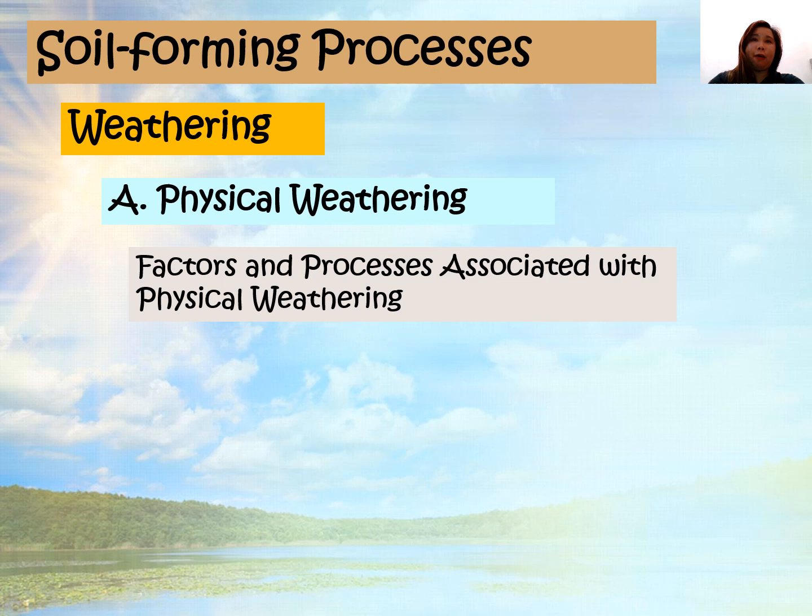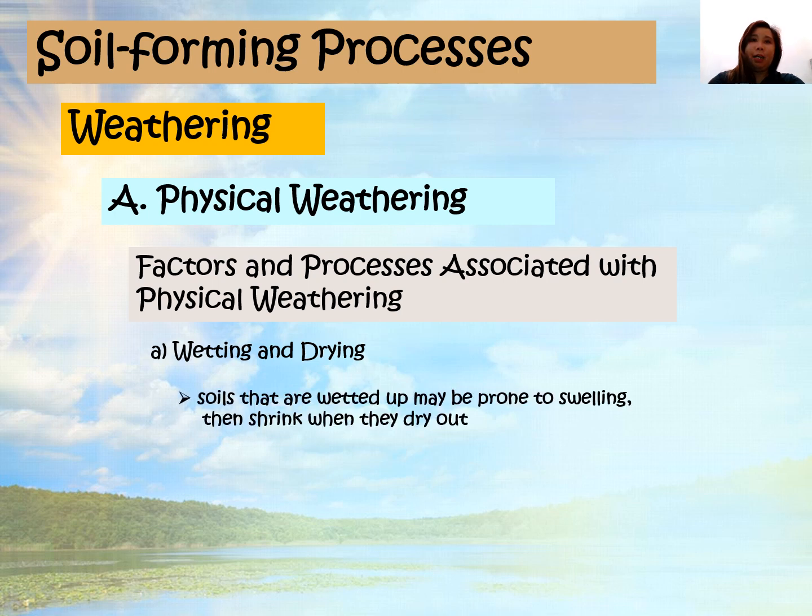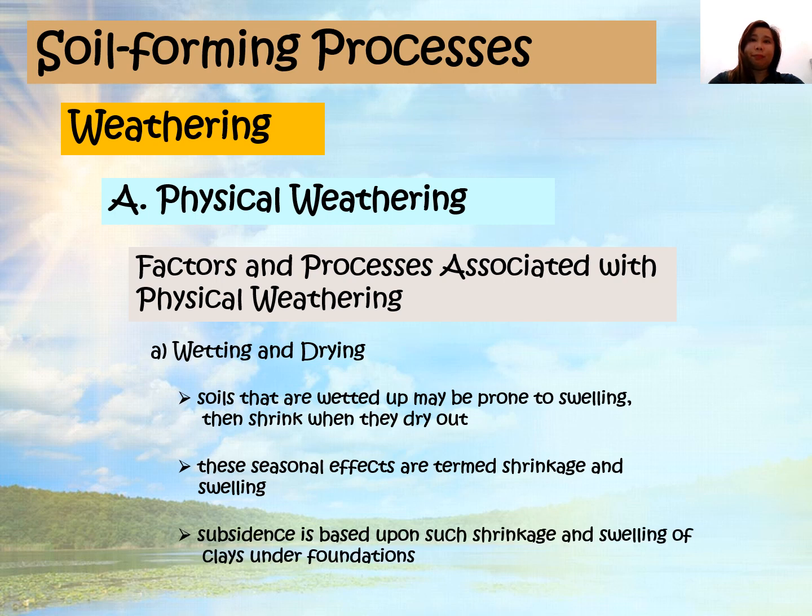We have different factors and processes associated with physical weathering. The first one is wetting and drying. In wetting and drying, the soils that are wetted up may be prone to swelling, then shrink when they dry out. These seasonal effects are termed shrinkage and swelling.